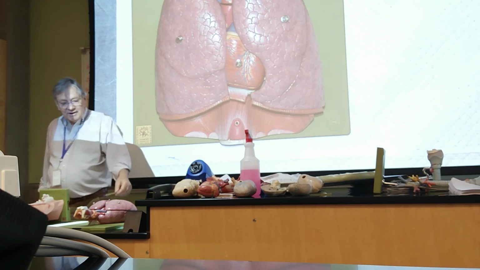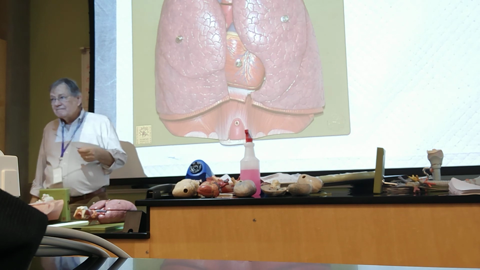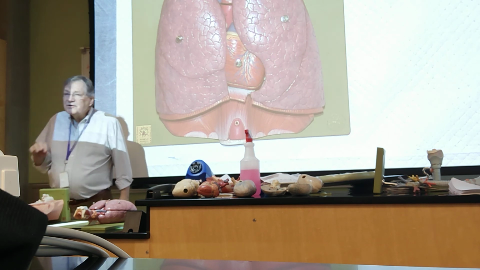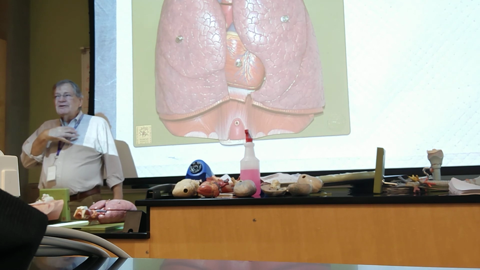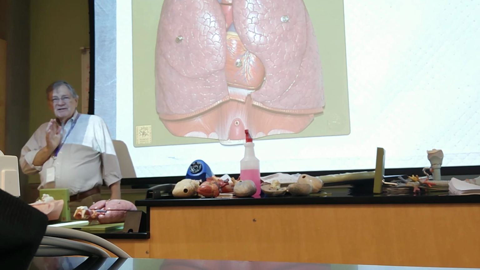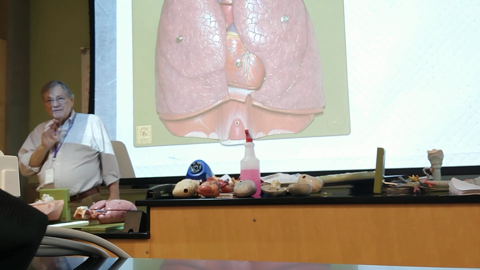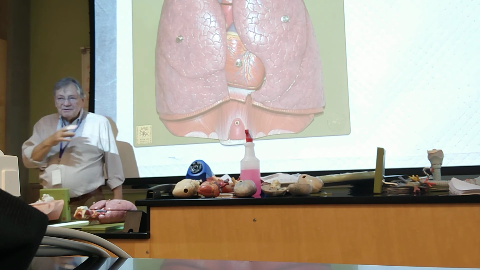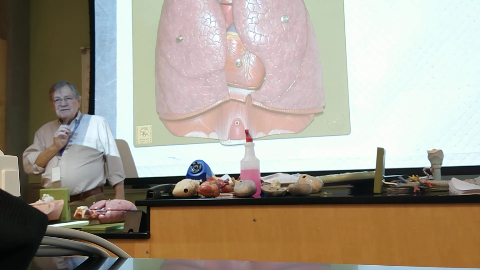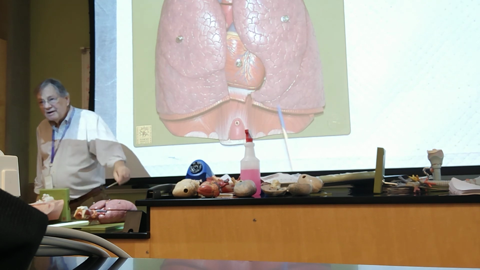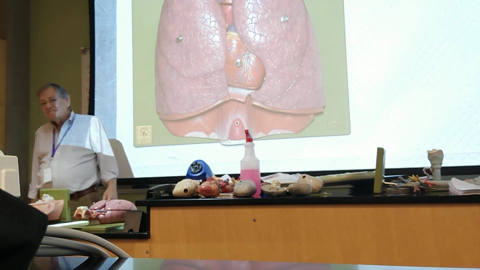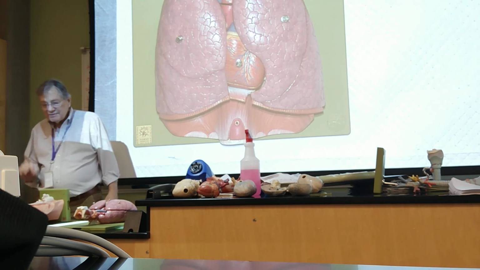That's to accommodate your heart, which is not exactly dead center in your body. It's ever so slightly to the left. It's not all the way over here, of course. And the apex is pointing down and to the left. A little bit, not much.